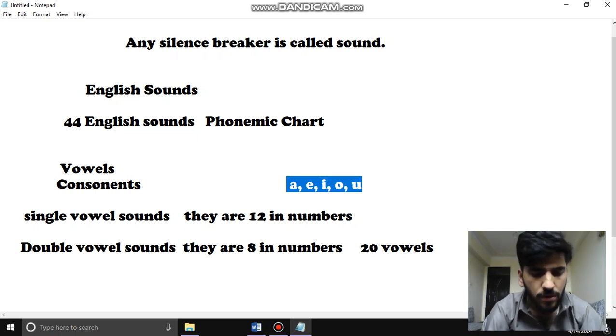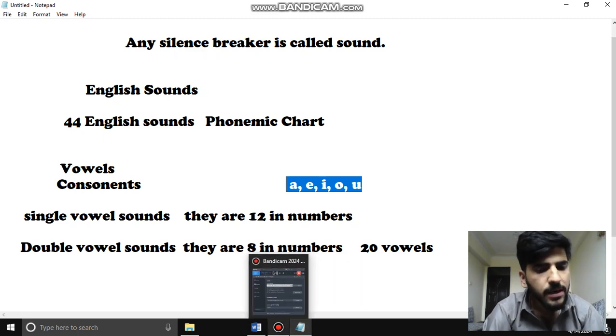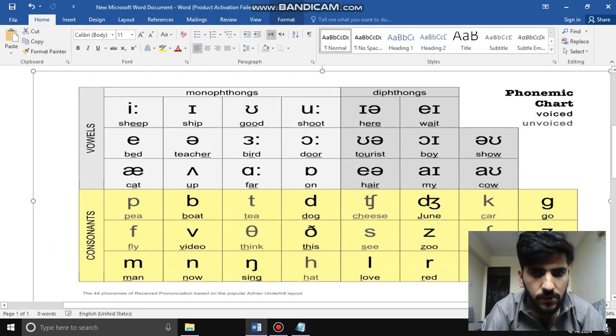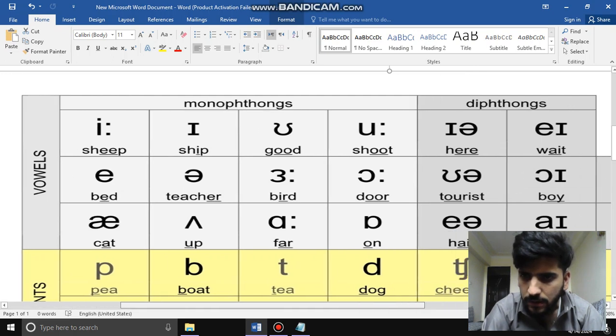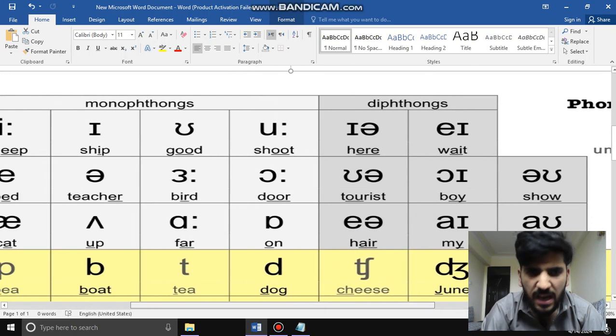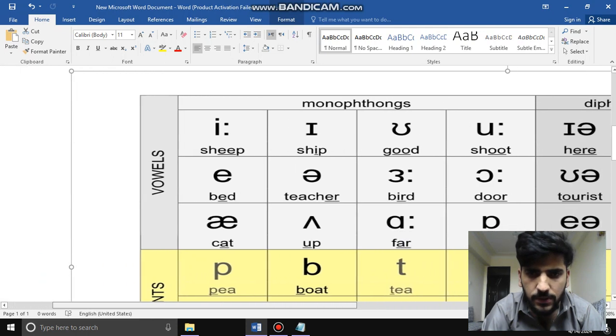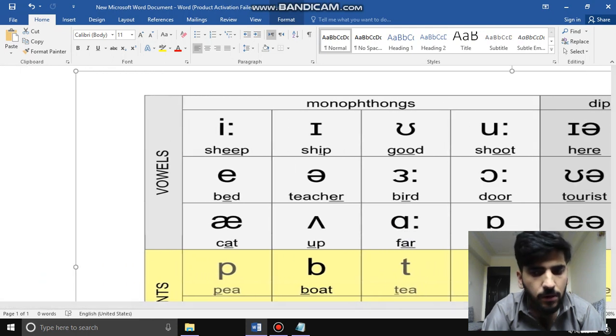In the literature of English, we call them monophthongs and diphthongs. As you can see here, let me just zoom in. The first group is called monophthongs, while the second is called diphthongs. First of all, I'm going to explain the monophthongs.